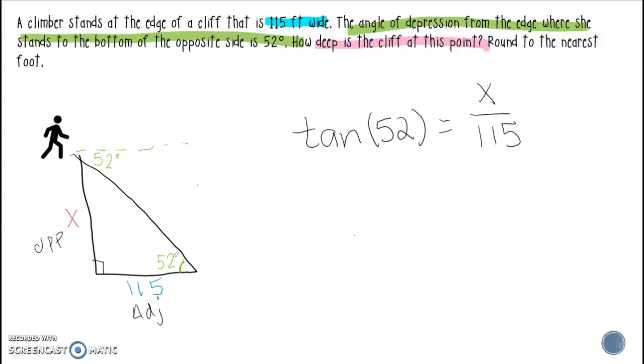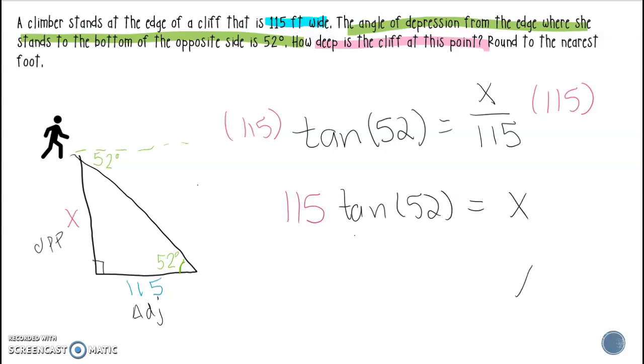In order to get x by itself, I need to multiply both sides by 115. So I get 115 times the tangent of 52 equals x.